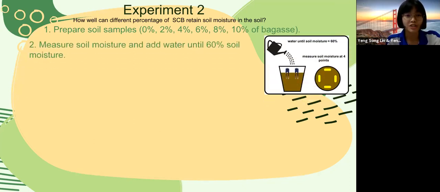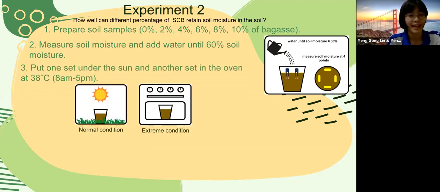Next, we measure the soil moisture of the bagasse soil mixture, and we water the soil until 60% soil moisture. Next, we put 1 set under the sun and another set in the oven to simulate extreme conditions.